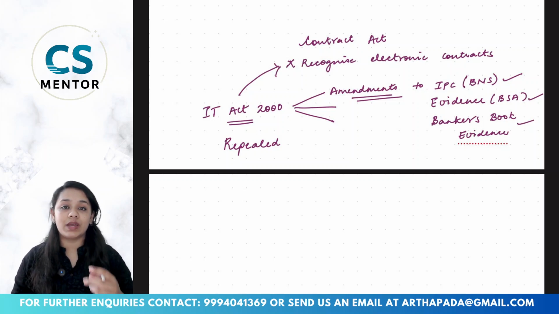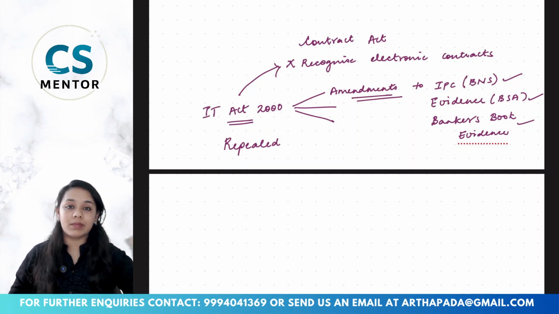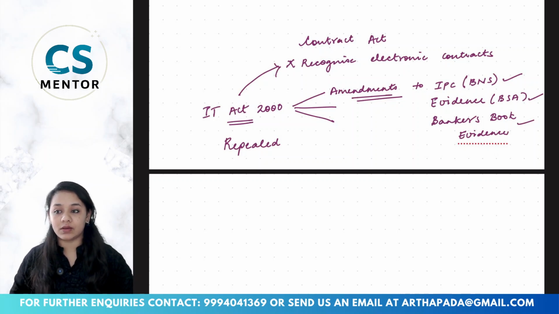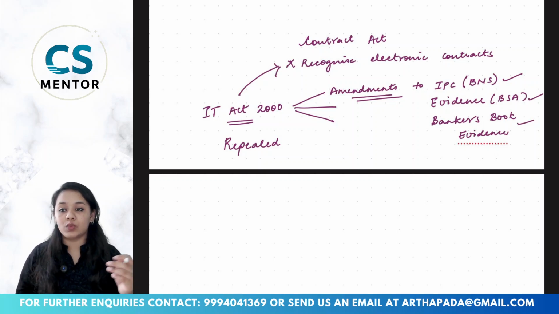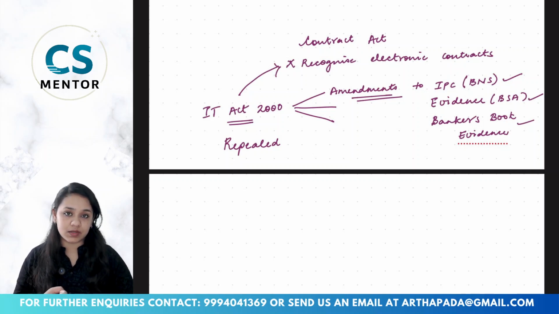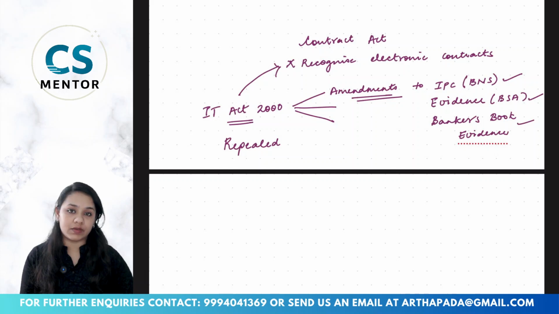The answer is we allow it to continue, because if the IT Act came and made amendments into other laws, and this IT Act itself got repealed, then all the other laws will continue to work as if this law was not repealed. Which means what? IPC will still punish offenses done against computers. Your evidence law will still accept electronic evidence.